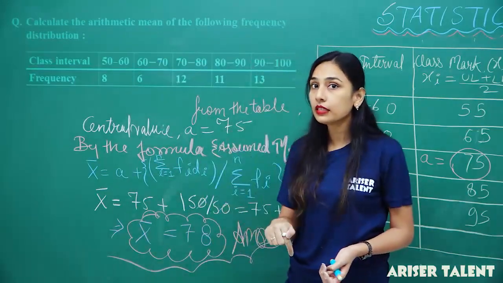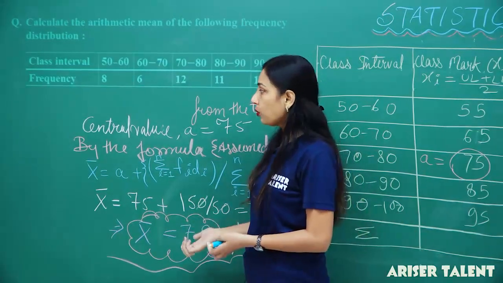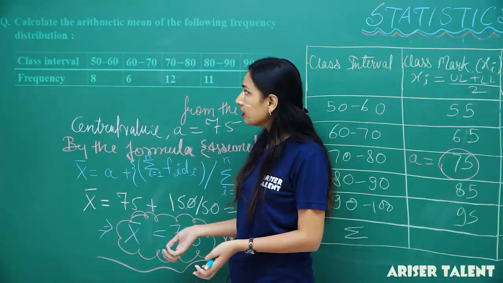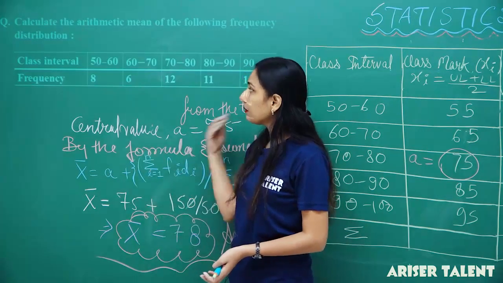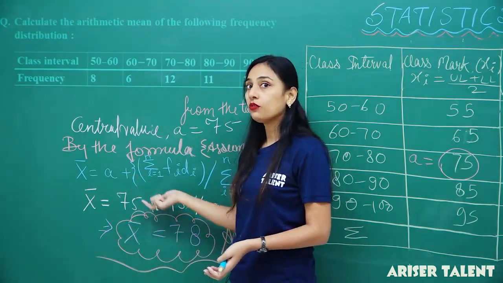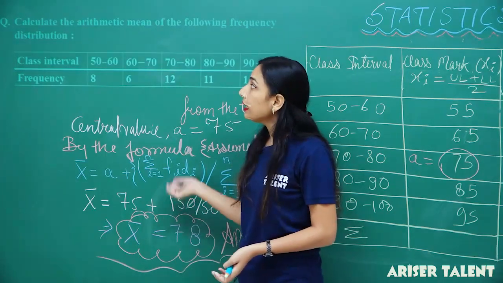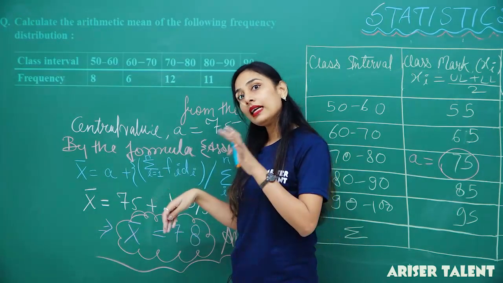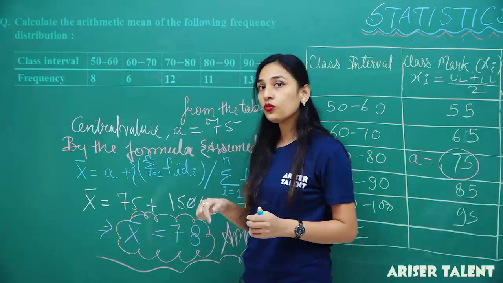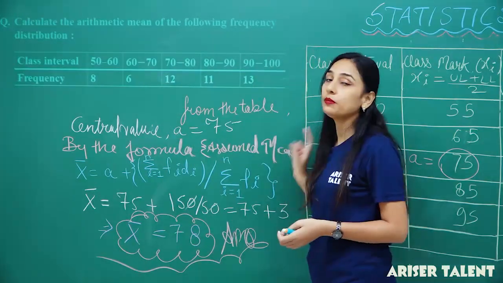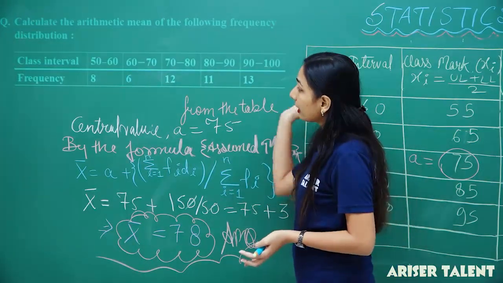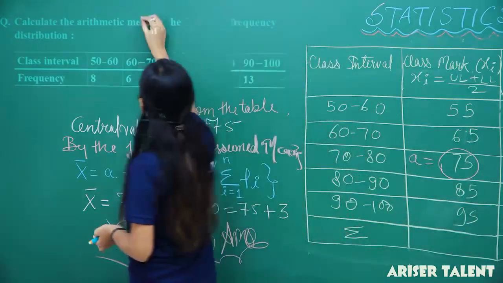If you are still confused about whether this method of finding X bar, or the mean, is less tedious or more tedious, do one thing: you have the complete table with you. This is your homework.